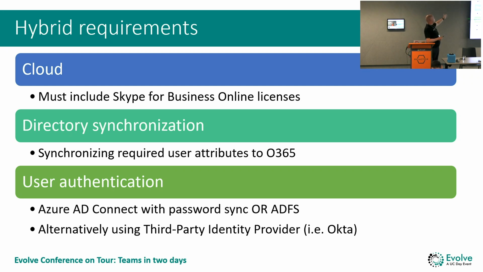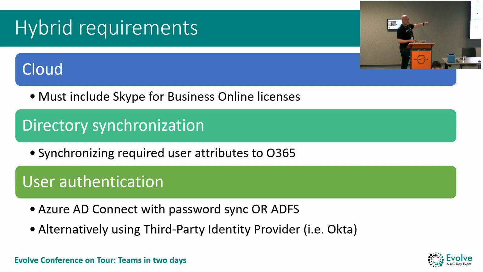So our minimum requirements, first of all, we need Skype for Business online licenses. If you've got Teams licenses, if you've got an Office 365 E3 plan, then it's likely you've got these. So most organizations, anybody on an enterprise plan should have those within their subscription.